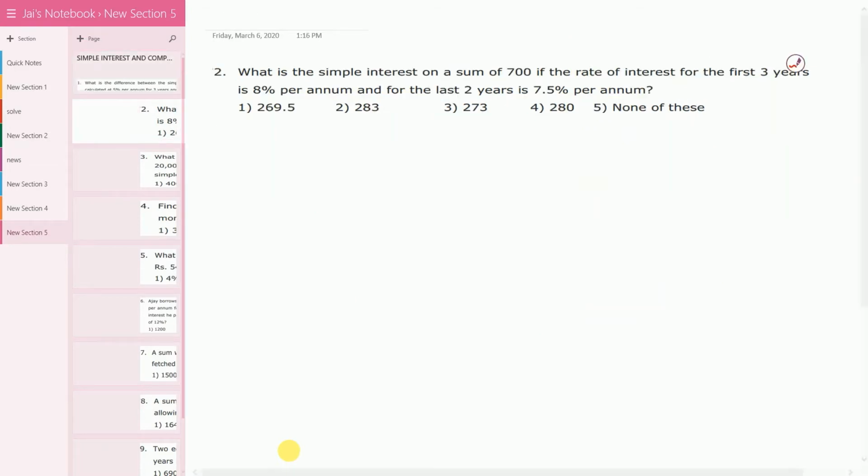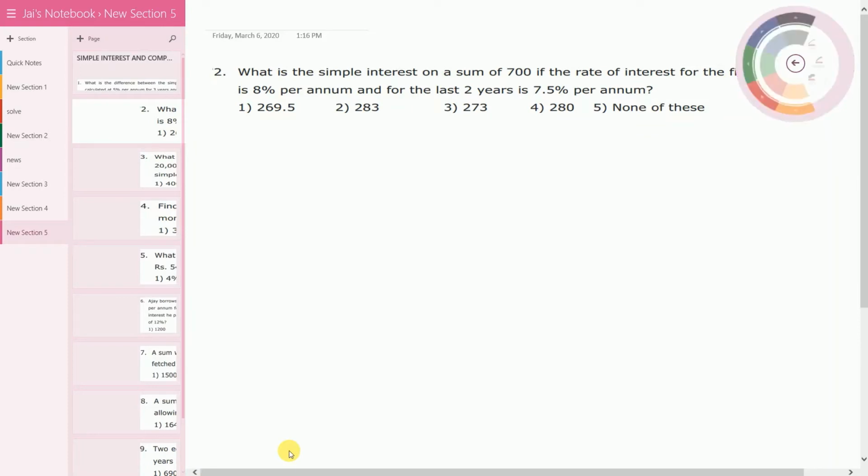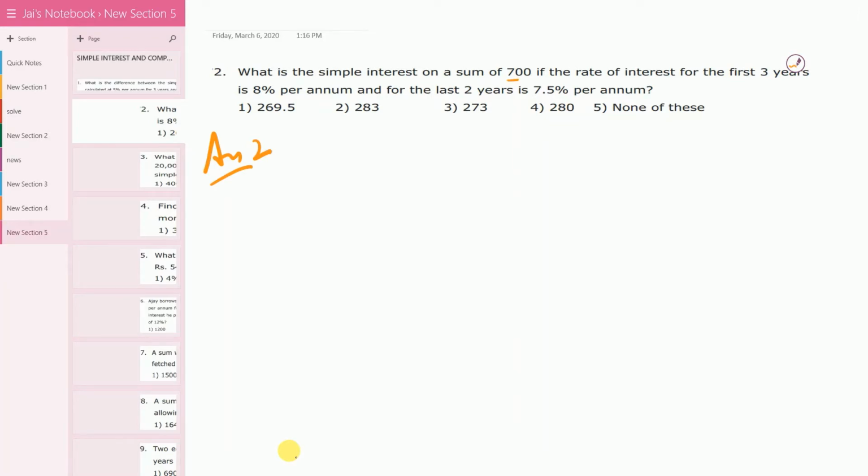Now coming on to the next question. What is the simple interest on a sum of 700 if rate of interest for the first 3 years is 8% per annum and for the last 2 years is 7.5% per annum? Okay, basically the question is really simple. You just need to calculate the simple interest for the first 3 years.